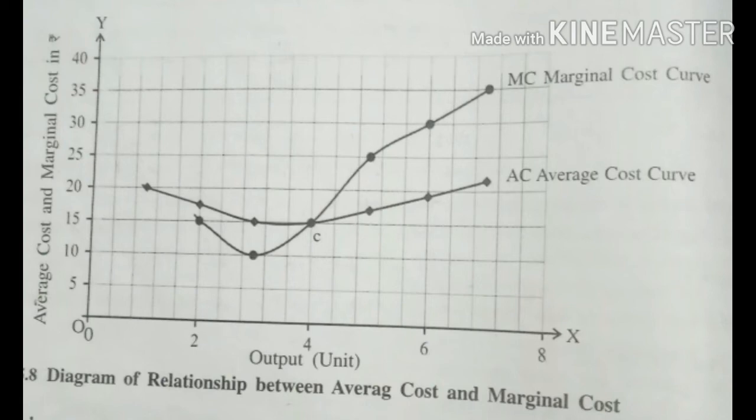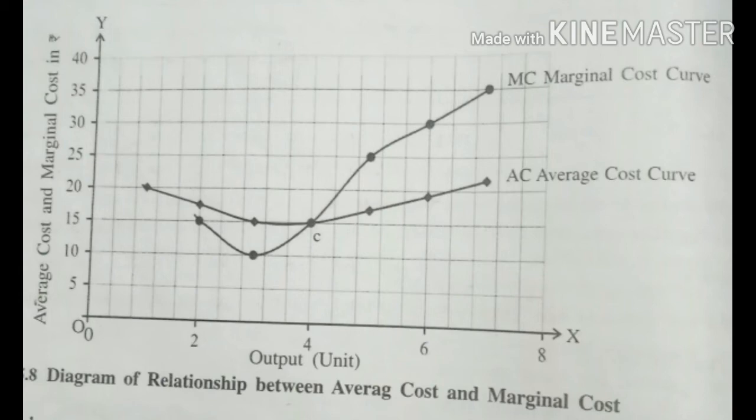Second is marginal cost equal to average cost. When average cost is minimum, the marginal cost curve intersects the average cost curve from below. At the point of intersection, the marginal cost and average cost become equal. That is, MC is equal to AC. Marginal cost equal to average cost. Third is marginal cost greater than average cost.